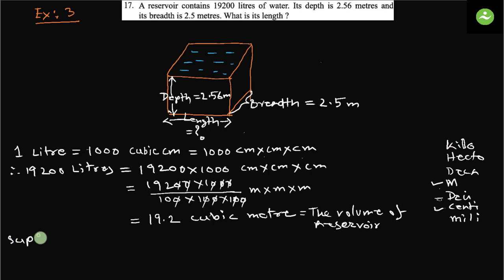We don't know the length of the reservoir. Suppose the reservoir length equals x meter. Because other units are in meters, we put it in meter.